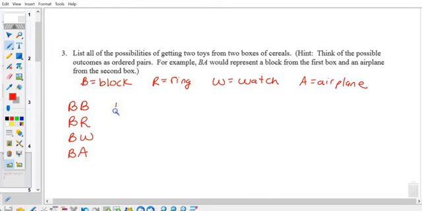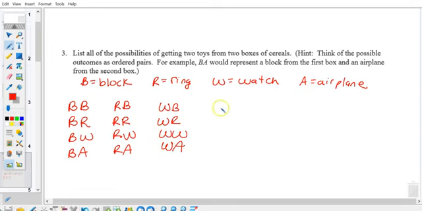In the next box, I can get a ring and a block, a ring and a ring, a ring and a watch, a ring and an airplane, or we could get a watch and a block, a watch and a ring, a watch and a watch, a watch and an airplane, and then lastly, it would be an airplane and block, airplane and ring, airplane then watch, airplane and then airplane. Whew, that's all the possibilities. That's our sample space.